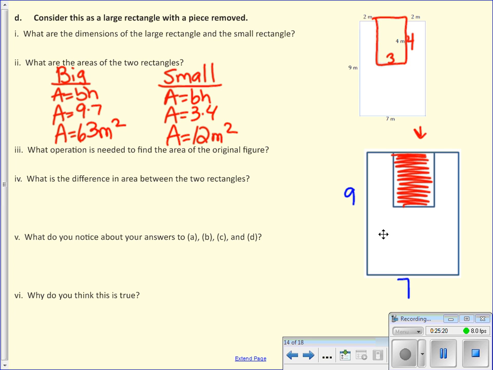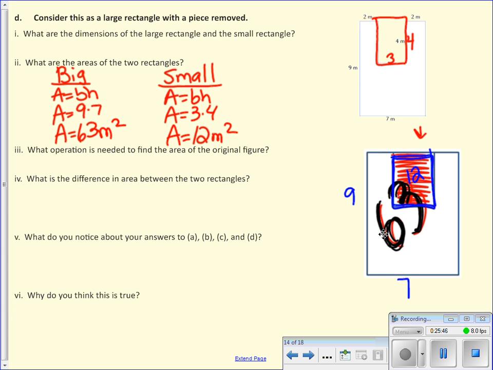So when I found 63, 63 was this whole area. But I don't want the whole 63, do I? No. I had to cut that part out. That part is 12.